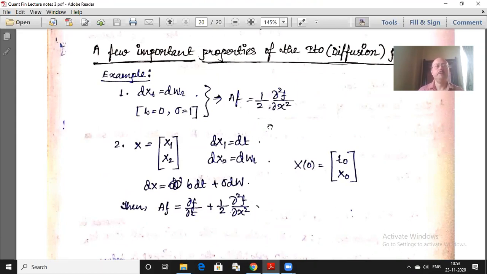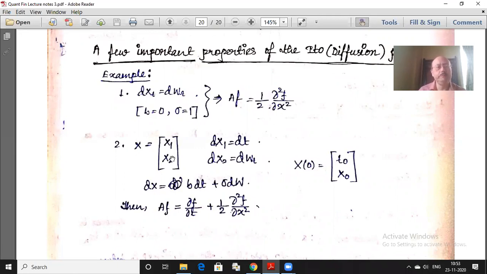Like this one here, if I take dX_t equal to only dW_t, which means b is 0 and sigma is 1, then my generator is just half del 2f del x square. And this is a very common partial differential equation, and can be solved directly by analytical methods.